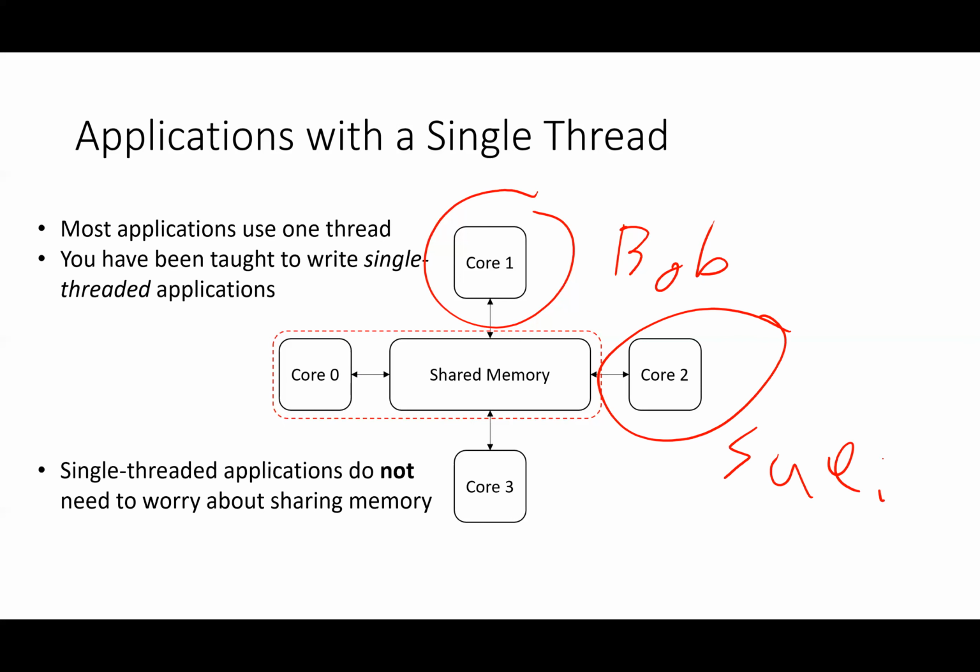When you get a seg fault, it means you were trying to access a piece of memory that wasn't yours. The operating system took care of the shared memory. When two different people run two different programs, even though physically the memory is shared, the operating system allocates some to each of you and you can't get at each other's. So it does appear like you have the whole machine. So you've never had to worry about shared memory before.